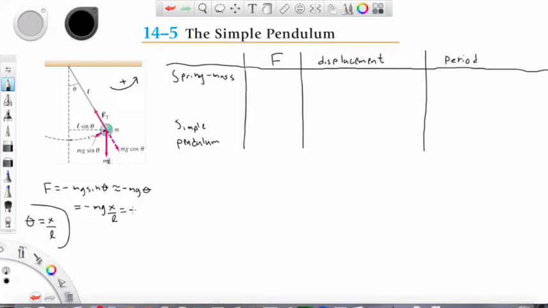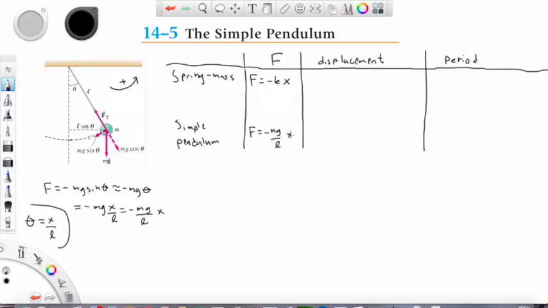And let's write it this way, minus mg over L times x. For our spring mass system, we know that the restoring force is minus kx, and we just found out that for a simple pendulum, the restoring force is minus mg over L times x.